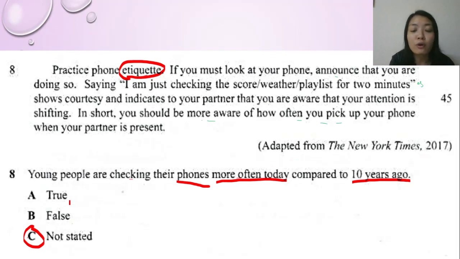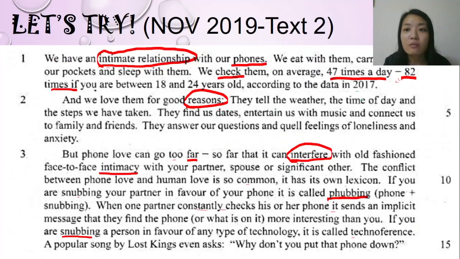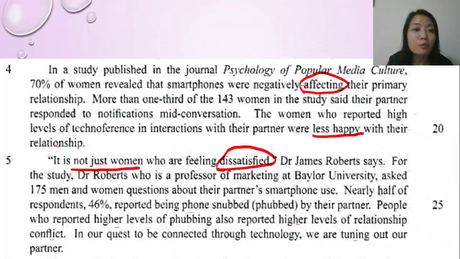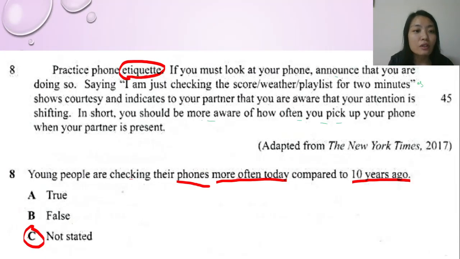Remember, if you want to choose the word false, it has to be contradicting. For example, let's say this question says young people are not checking their phones, whereas in the text it says, yes, they are checking their phones on an average 47 times a day. Or maybe here it says 47 times a day, 82 times if you're between 18 and 24 years old. So maybe the question says young people are checking their phones double the times.